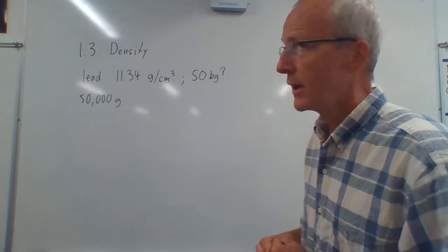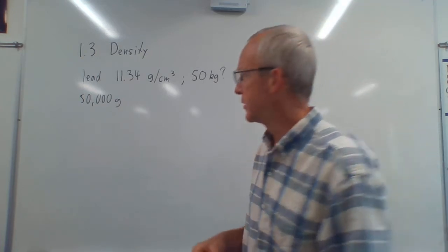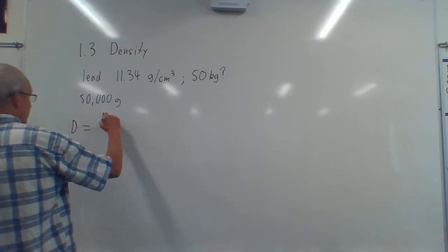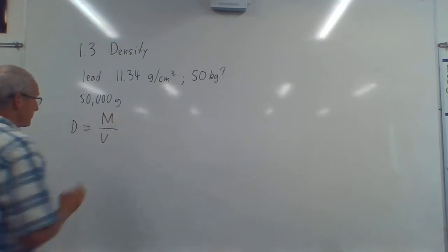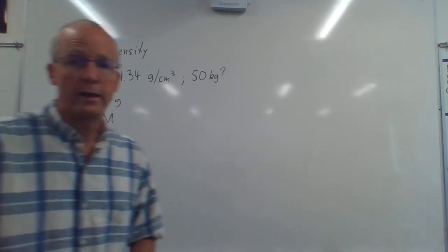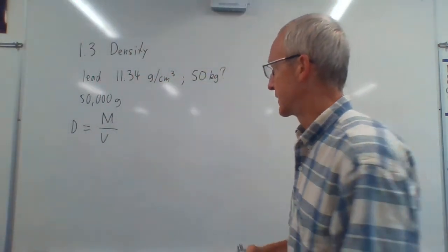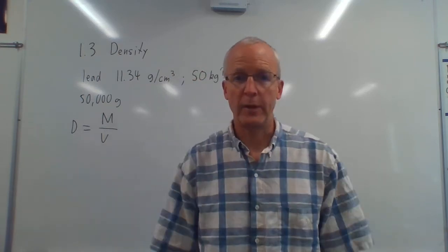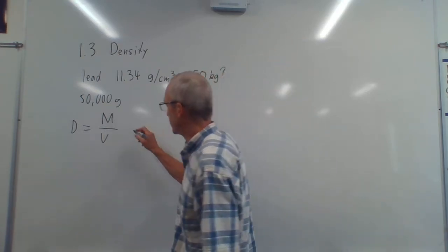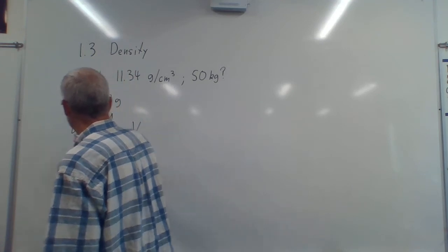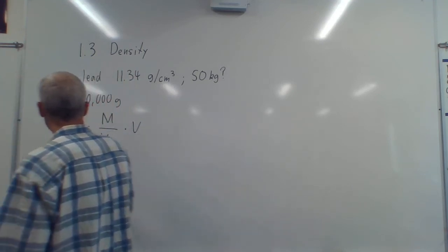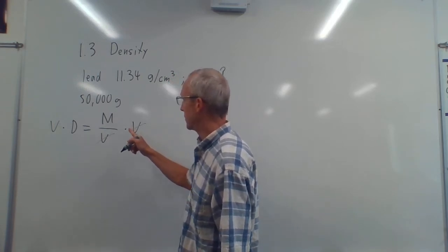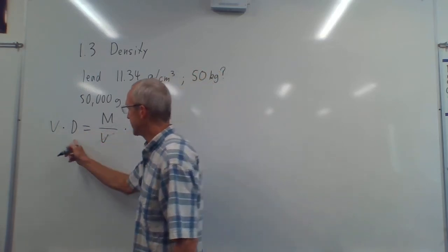First off, you have to remember the formula for volume. Density, how dense something is, is the mass divided by volume. We want the volume, so there's the long way to do it. We can multiply both sides by V. The V's cancel, and so mass is equal to density times volume.